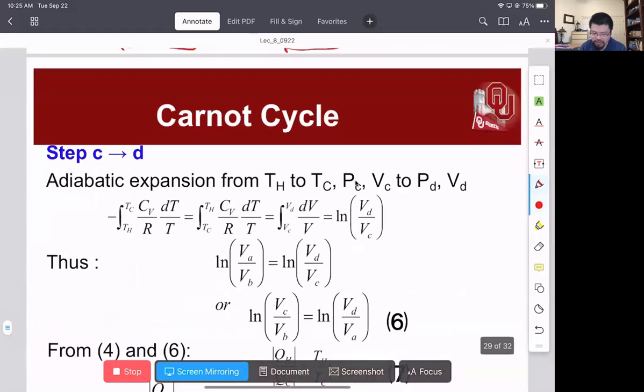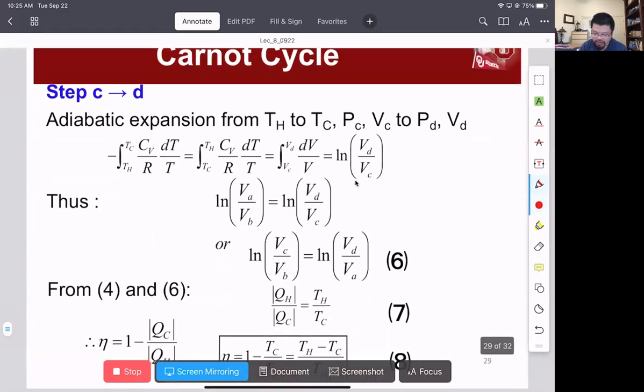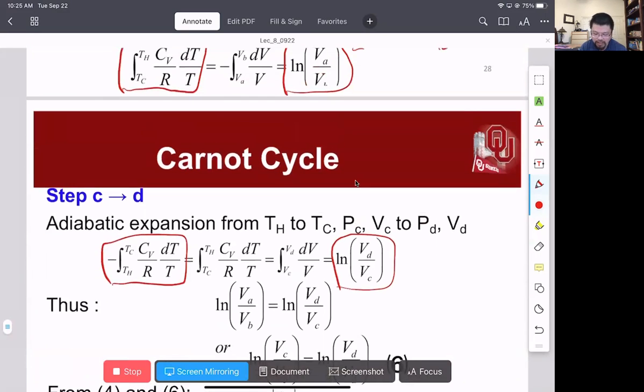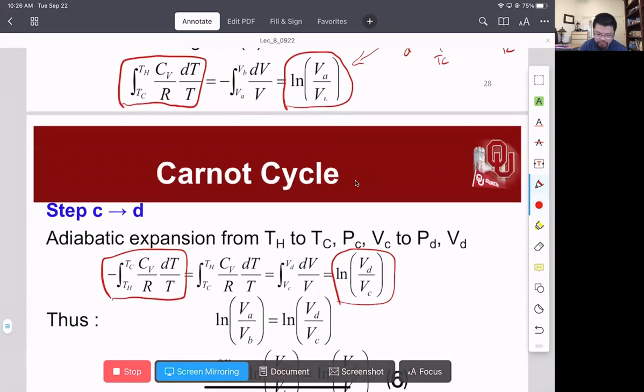For C to D, very similarly, we are going to have this equation, again with a log ratio involving the two volumes. So now if you compare, and I leave that to you, if you look at the two terms, they shall be identical on the right side, only missing one sign.